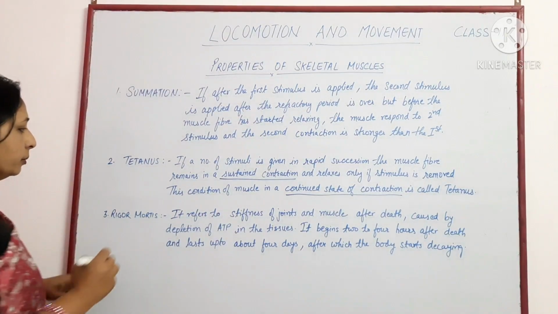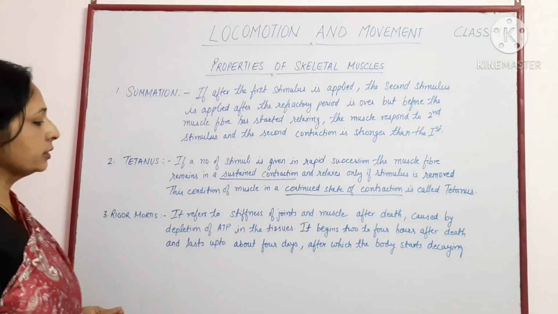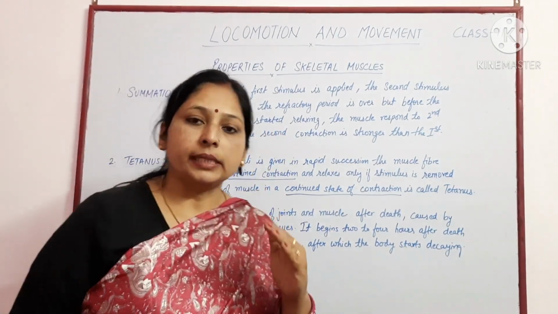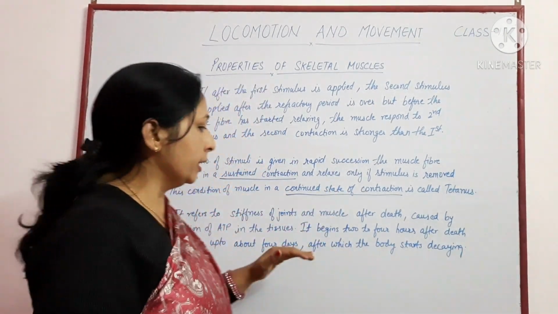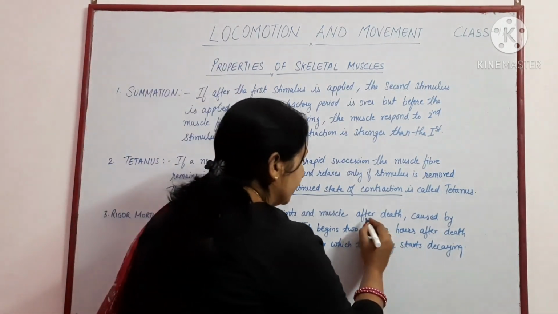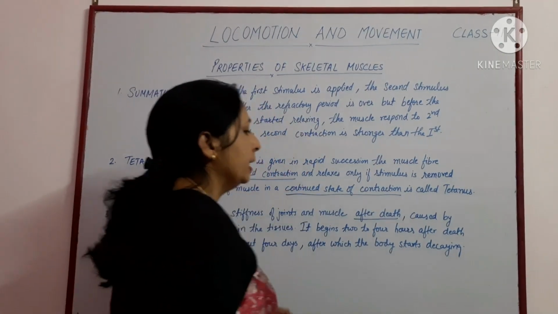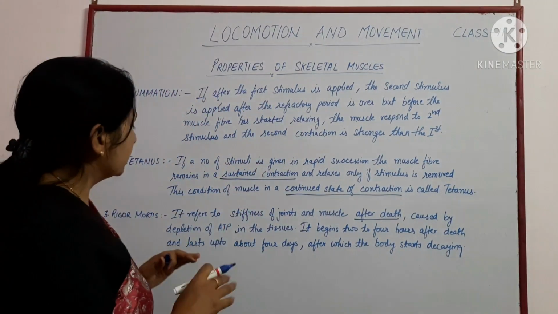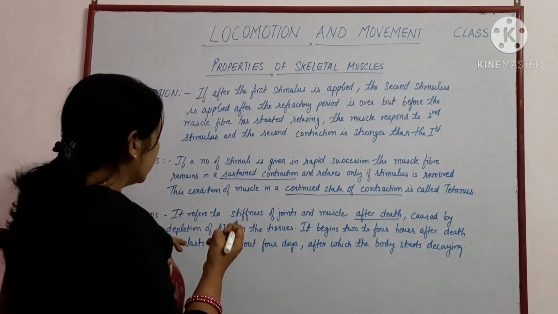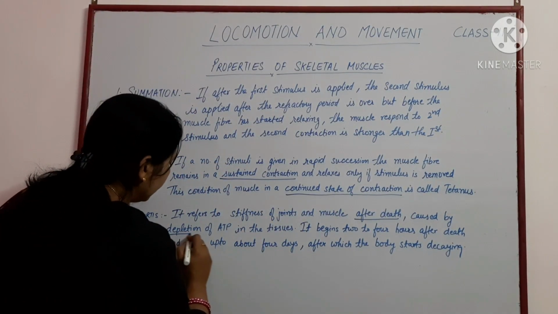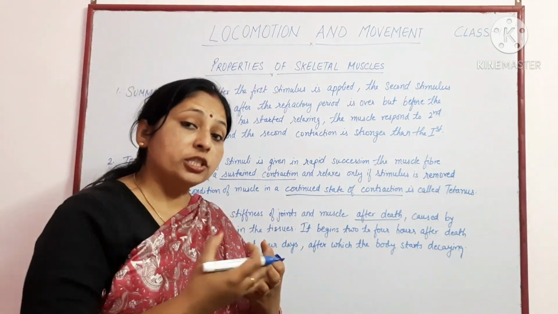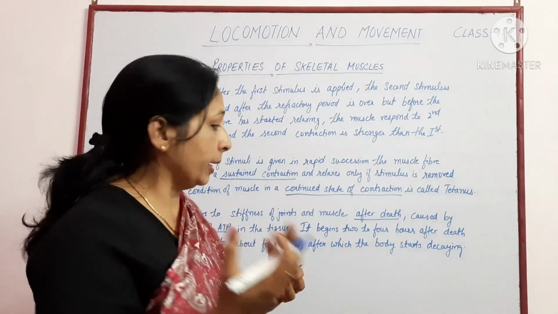The third term is rigor mortis. It is different from these two because those occur in living forms, but here it is the stiffness of joints and muscles after death. This stiffness, the muscular contraction or stiffness of the joints, is due to the depletion of ATP, because the body is dead and the energy is not provided by the cells or the mitochondria.